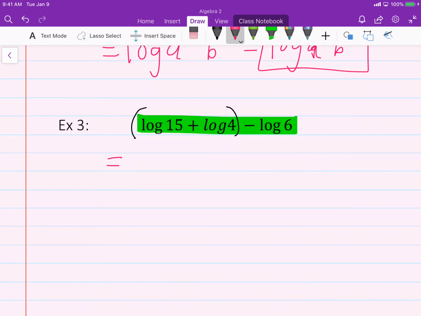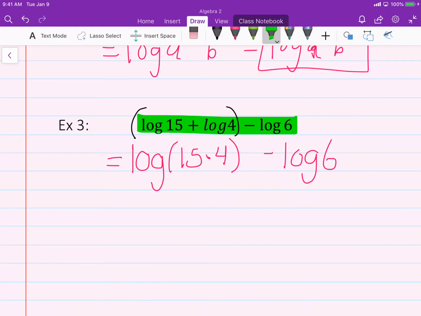They both have a log, they have the same base, so I can represent that as a single logarithm by using my product rule, and this would simplify down to the log of 15 times 4. And with that, I'll just bring down this minus the log of 6 so that we don't forget about it. But you remember, you are working with only this part right now.